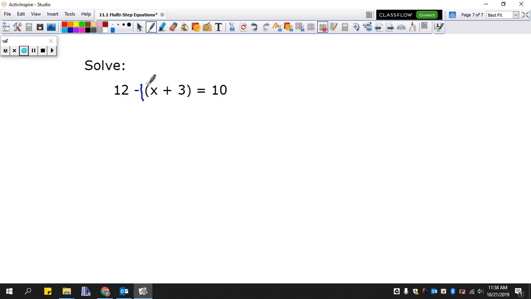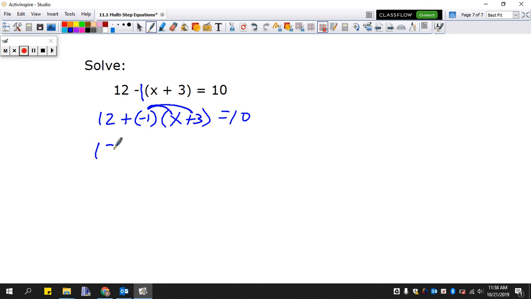Here's the little tricky part: if we rewrite this as 12 plus negative 1 times x plus 3 is equal to 10, we can see that we're multiplying both the x by negative 1 and also the 3 by negative 1. It's really easy to make the mistake of just multiplying negative 1 times x and forgetting to multiply the 3 by that.